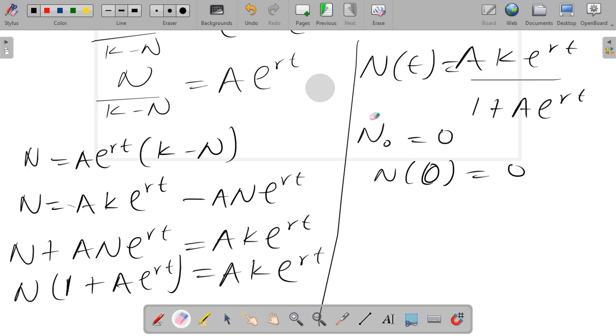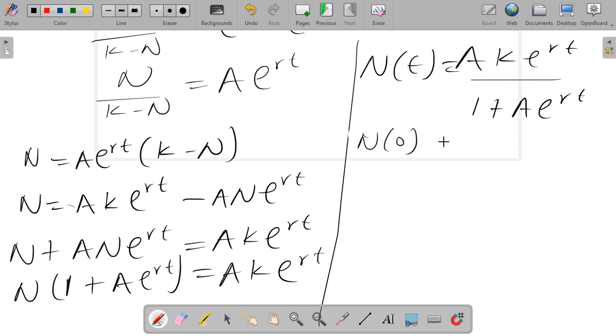They did not give it to you, you need to do it yourself. So the initial population is that n of 0 is known as n naught. If I put t to be 0 here, I call it n of 0 or n naught, but let me just call it n naught.